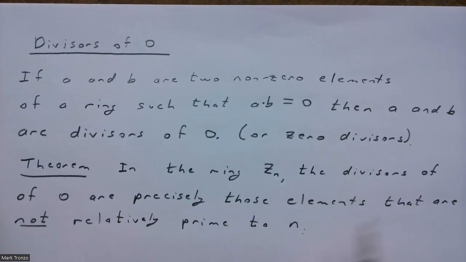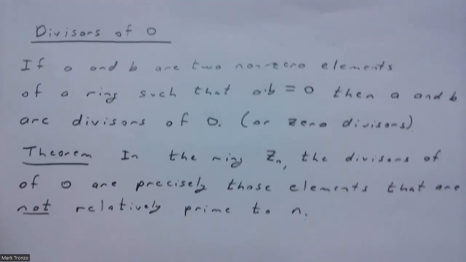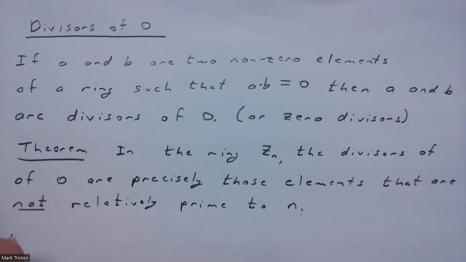Remember, two numbers are relatively prime if they don't have any common factors. So this is saying that the divisors of 0 are precisely those elements that are not relatively prime to n. So for example, let's take this example here.